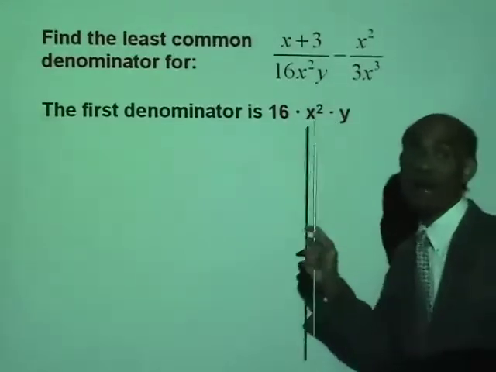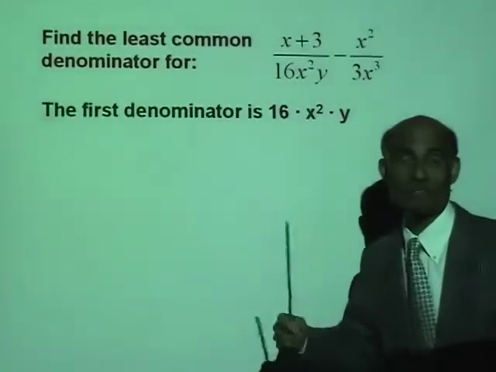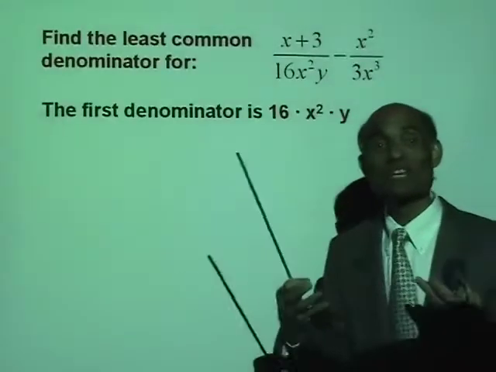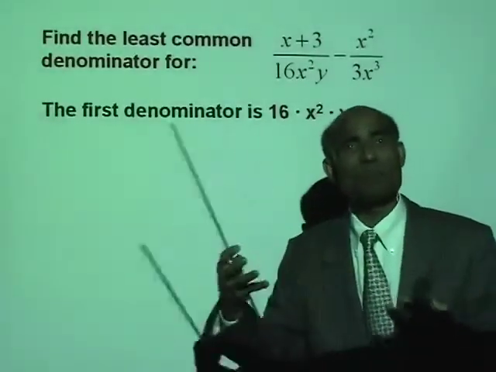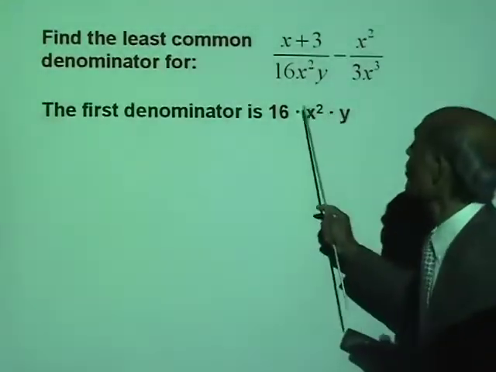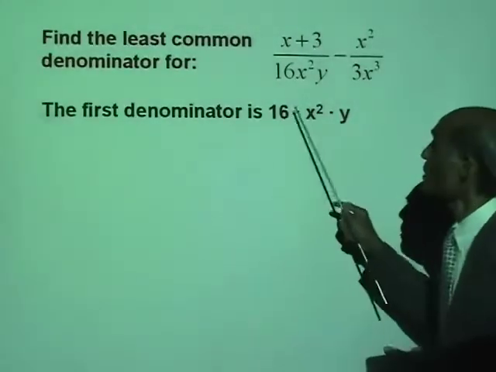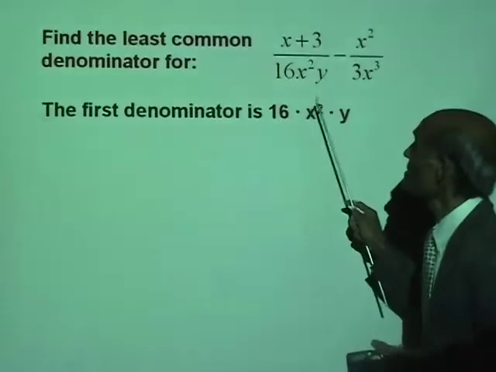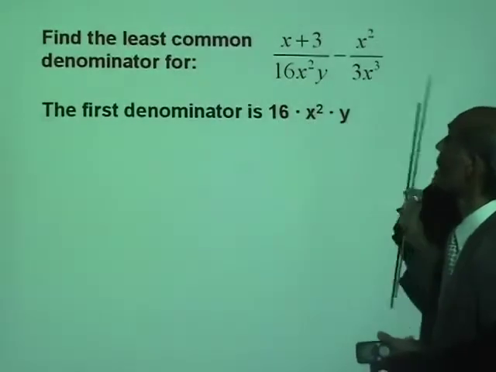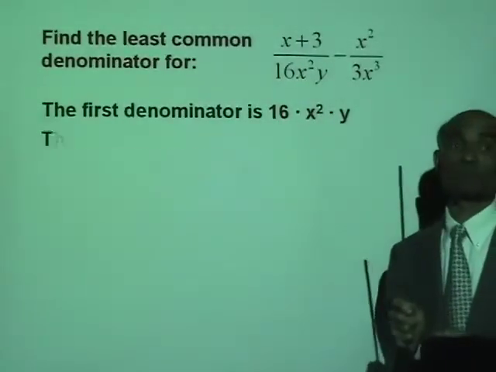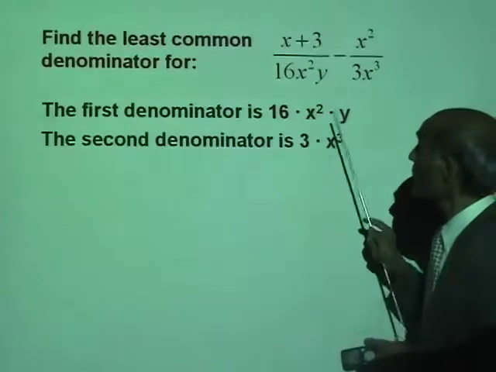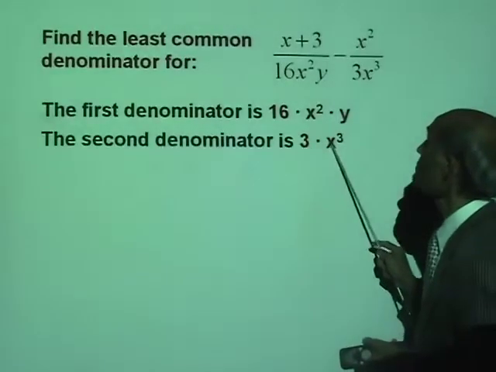Let's factor each denominator. Well, actually, in this case, each denominator is mostly factored. What all we need to do is factor the numbers. So we can write it as 16 times x squared times y. The second denominator is 3 times x cubed.